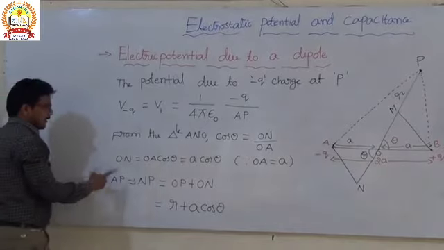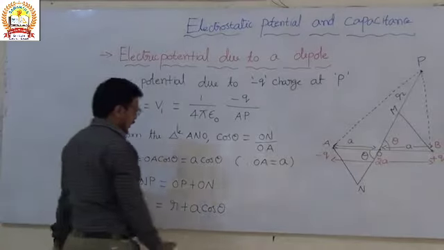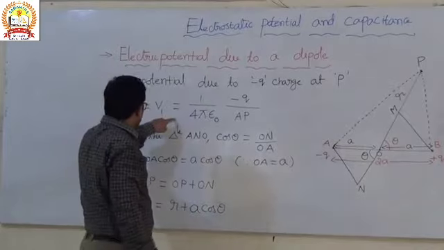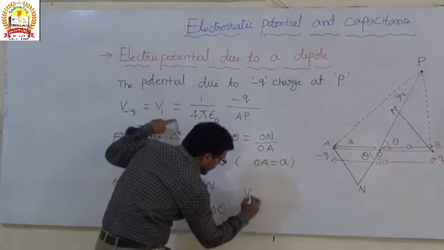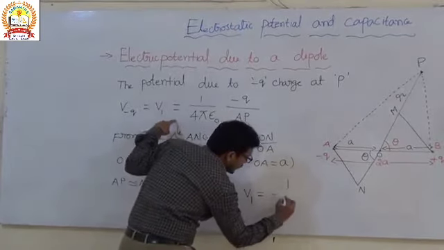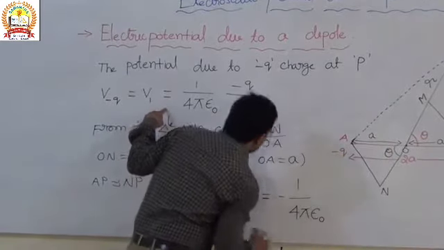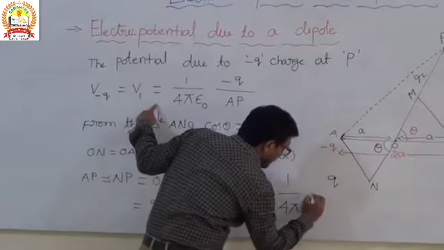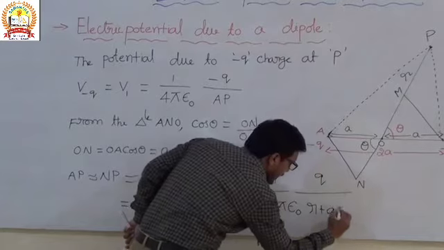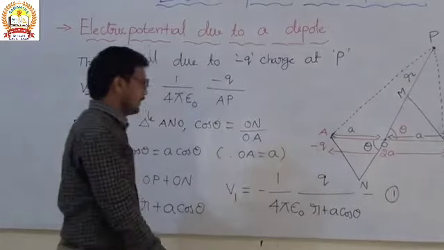This is the distance from A to P. Now we can substitute this distance in the formula. Then the potential V1 is equal to minus 1 by 4 pi epsilon naught, Q by R plus a cos theta. And this we consider equation number 1.